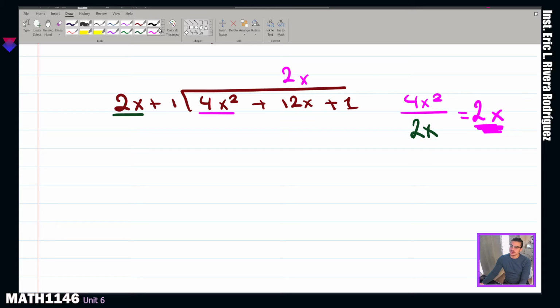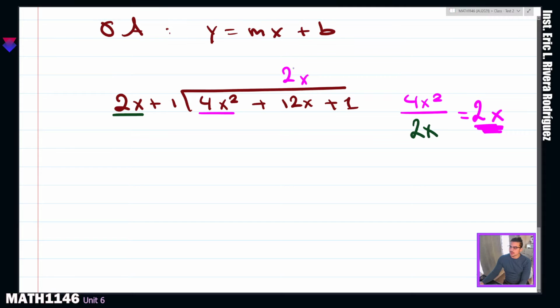Now, what are you going to do? You are going to take this number and multiply it by the entire divisor. The divisor is the polynomial that is outside. So 2x times 2x plus 1 gives you 4x squared plus 2x.